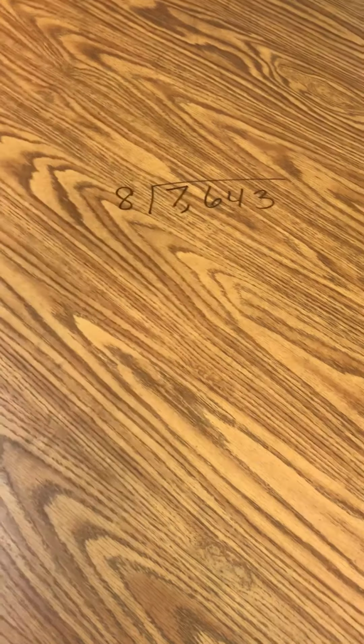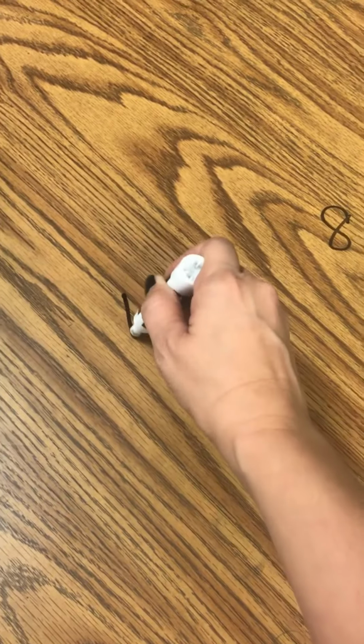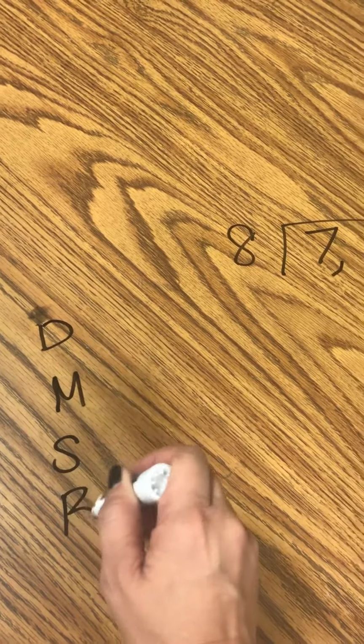The first step into dividing a problem is to think about the steps that we need to complete as we divide. The process that we talked about was DMSB: Daddy, Mother, Sister, and Brother.